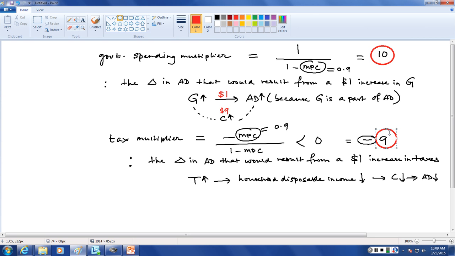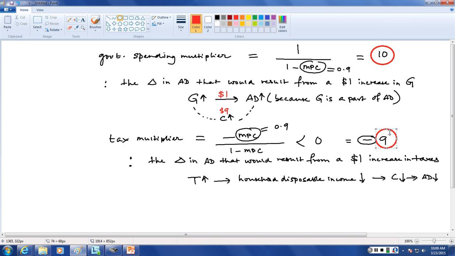So if the government wanted to, let's say, cause AD to rise by a certain amount, it would take a larger decrease in taxes to accomplish this than a certain increase in government spending. Do you follow me? Because the tax multiplier is a weaker multiplier. To get the same effect on AD, you need a much bigger change in taxes than a change in government spending.